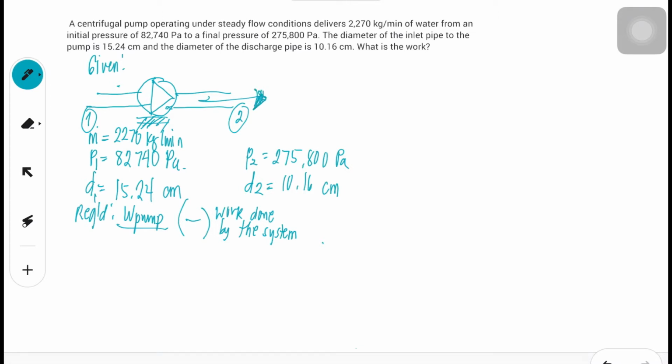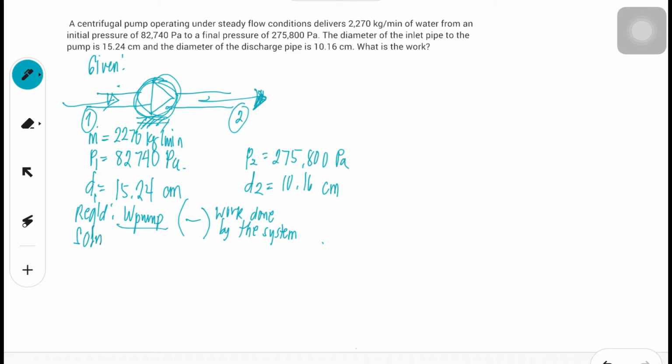Compared to the turbine, from the previous example, the water itself moves the turbine. Here, if our pump does not move, there is no flow. Centrifugal pump. So the work here is done by the system, negative.